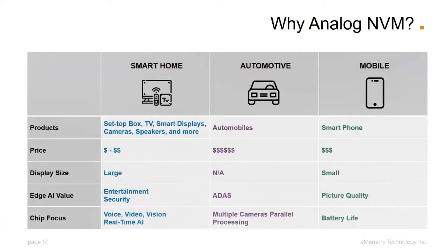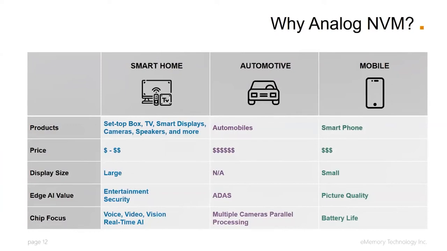In this slide, several applications are already worth paying attention to, like smart home, automotive, and mobile. AI chips can be applied to family entertainment and security for the smart home through voice, video, and vision recognition.